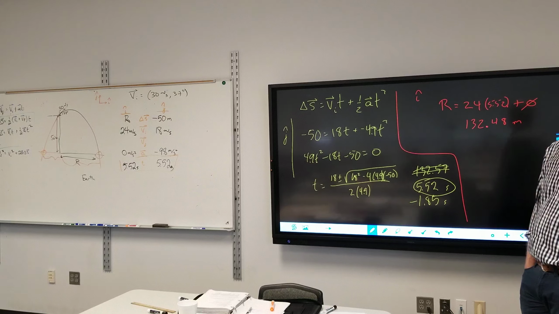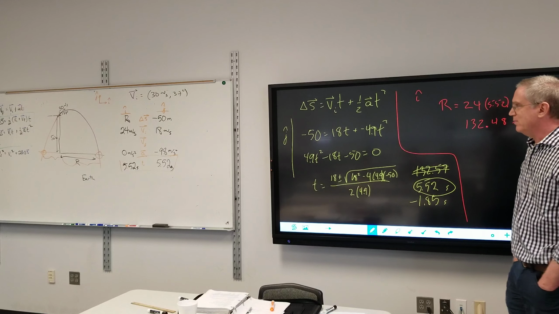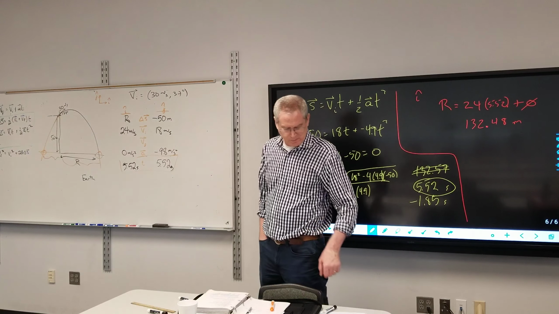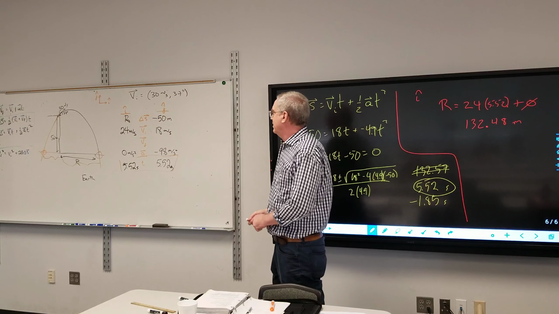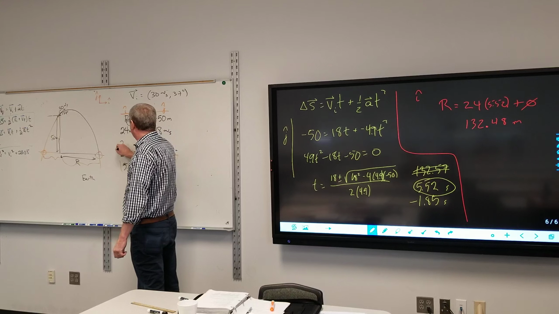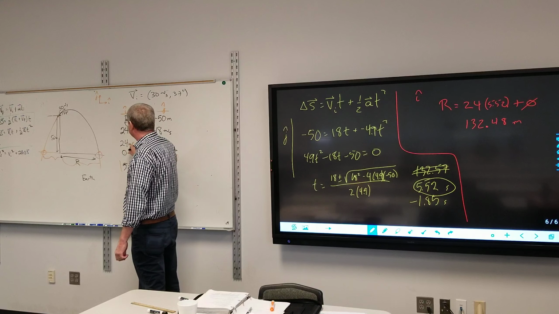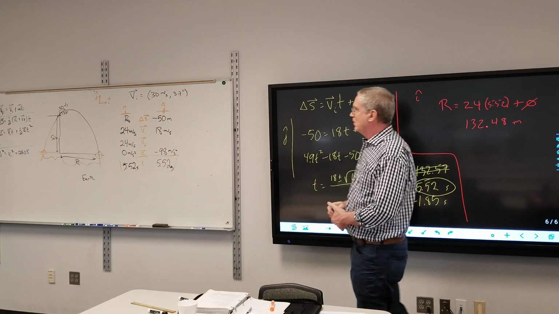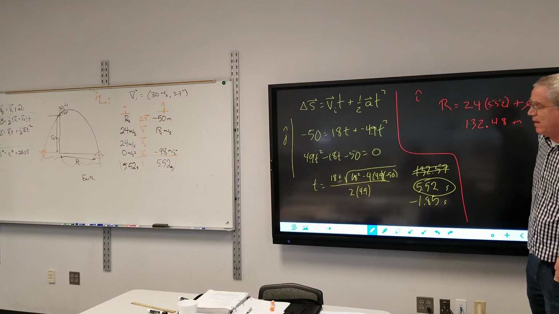Questions? Let's add to it. What's the final velocity? I'll do the horizontal part. You can do the vertical part. All right. And for those who are not sure how I did that, it's magic.